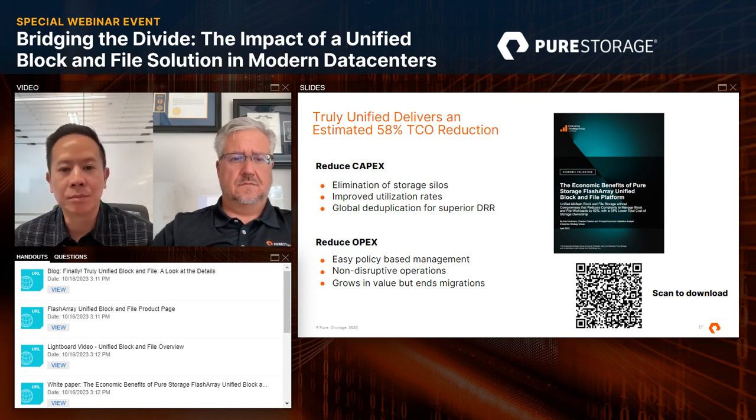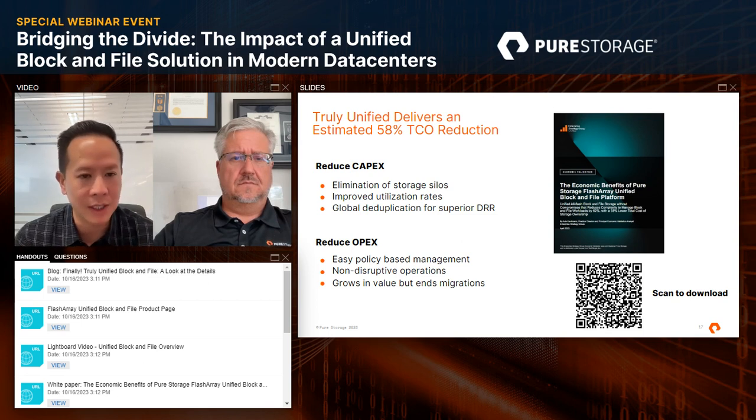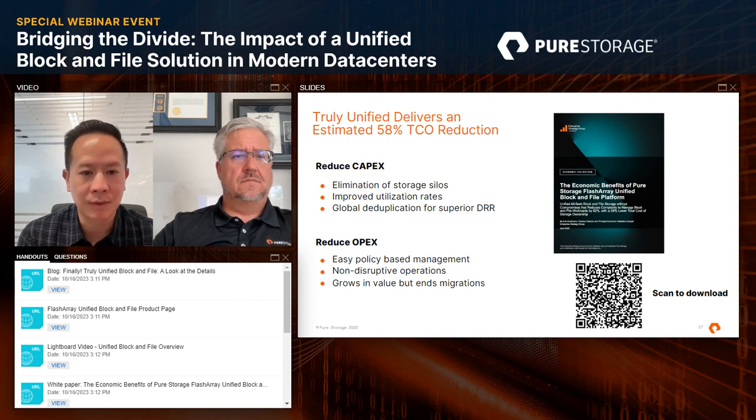So across both reducing CapEx and OpEx, a lot of what Don spoke to in terms of eliminating the storage silos and getting better utilization rates, but also, again, just hammering home the whole notion of non-disruptive upgrades and getting rid of forklift upgrades. So I encourage you to please scan this QR code here if you'd like to learn more about it. But Keith, I see there's a number of questions that have come in, and I'll turn it over to you to guide us through the Q&A.